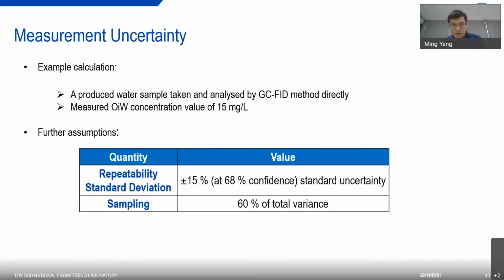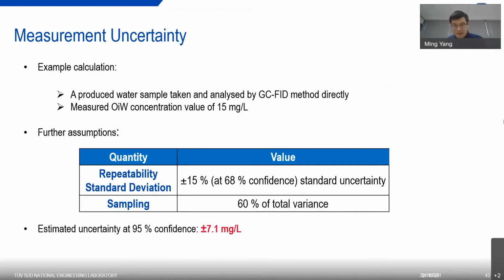We also assume that sampling uncertainty contributes 60% of the total variance. On that basis, NEL has done some calculations, and we estimate the total uncertainty associated with the measured result is plus or minus 7.1, which is roughly close to 50%.